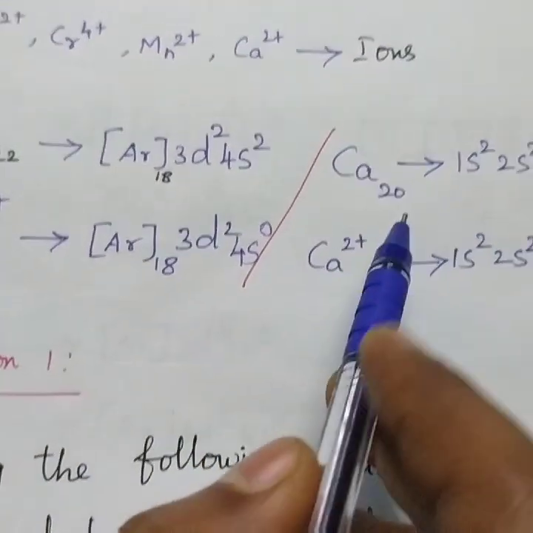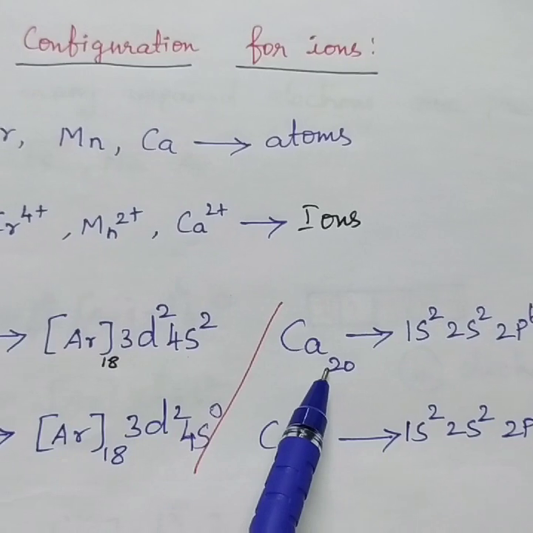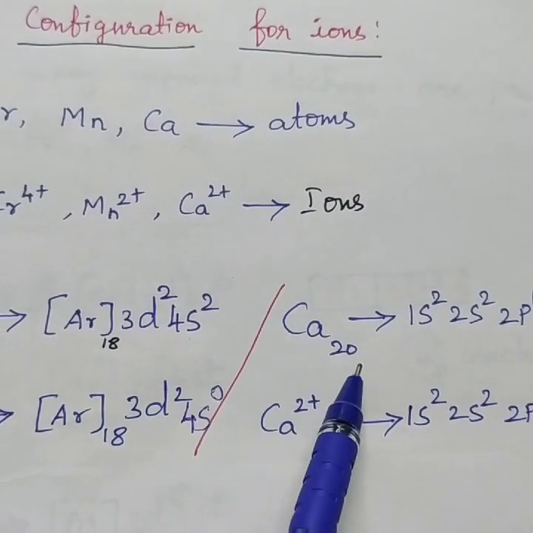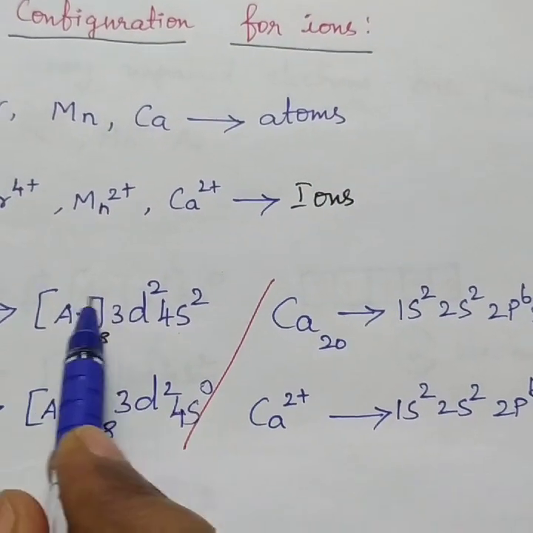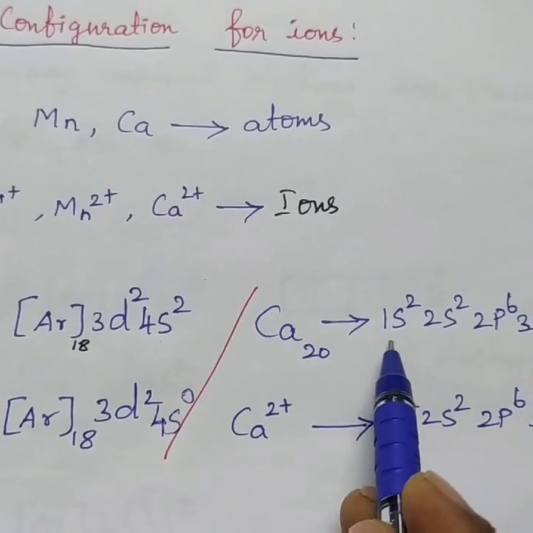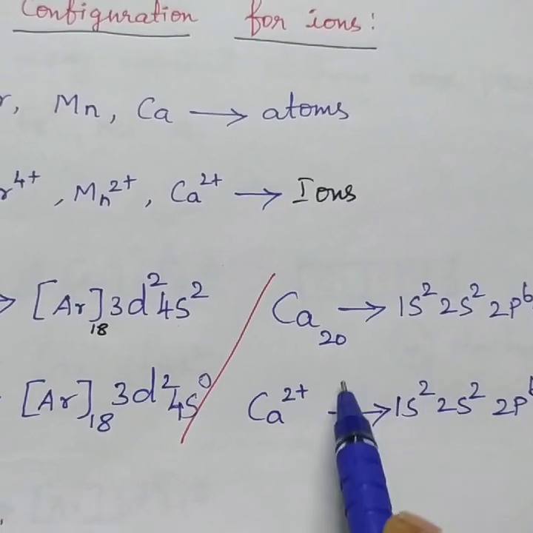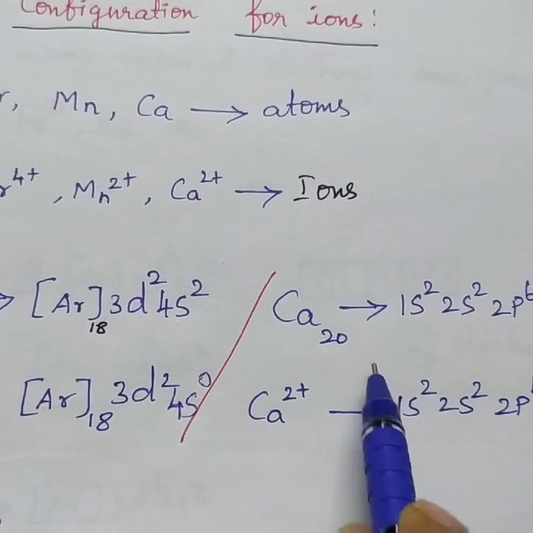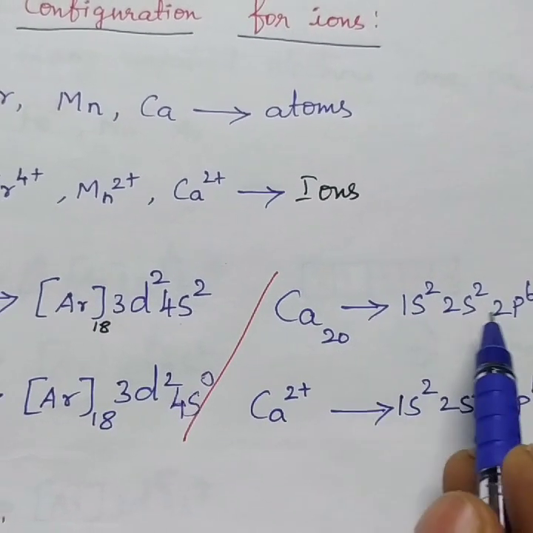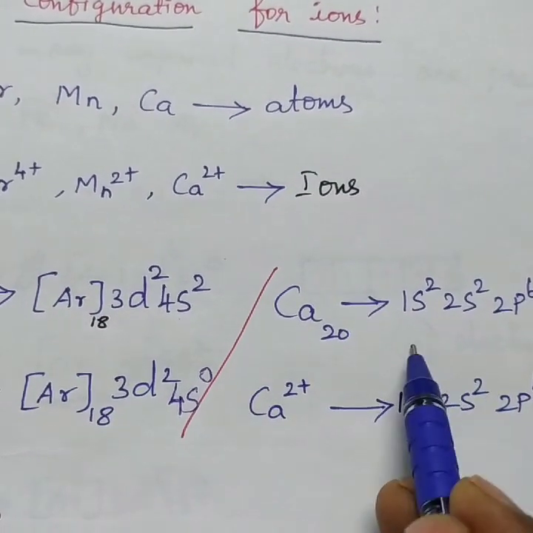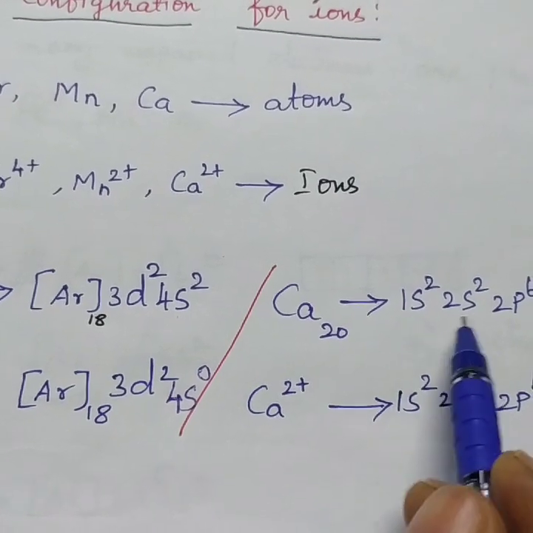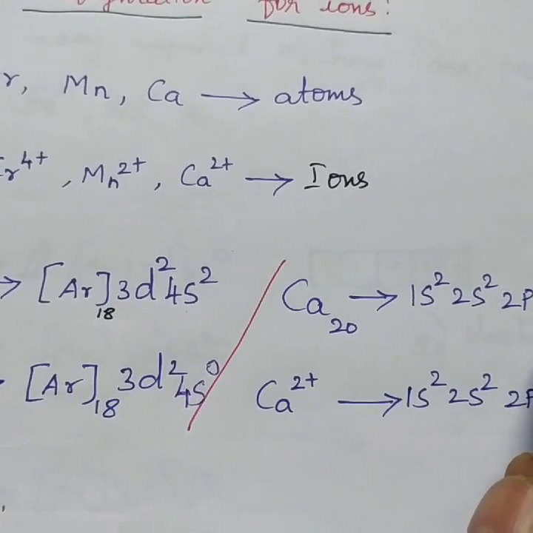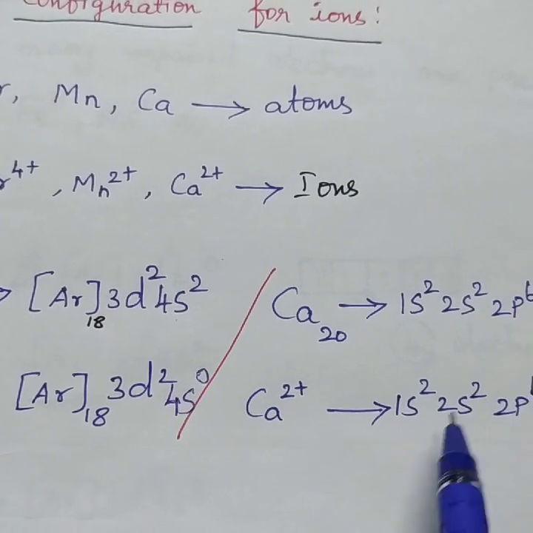Okay, then the electronic configuration for calcium. Calcium has atomic number 20. Already I have shortened this, so only one time, for your understanding, I will write the lengthy electronic configuration. Calcium 20 means 20 electrons, which we distribute in various orbitals from lower to higher energy: 1s, 2s, 2p, 3s, 3p, and the next one is 4s.